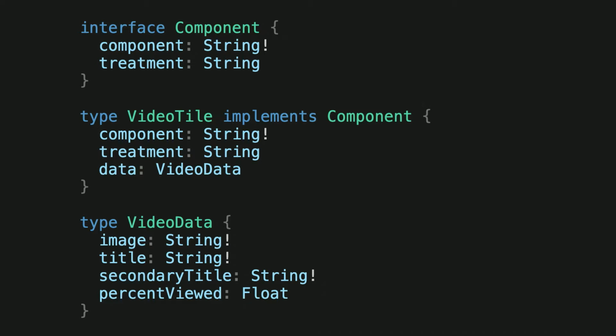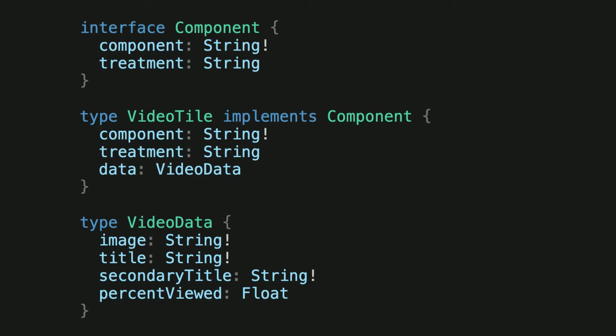That was a very interesting decision that took a lot of thinking. Decoupling the component from its data is really what we were looking for here, because the reality is that this video data type could be used on another UI component that necessitates video data. So the video tile basically composes with the video data via the data field.